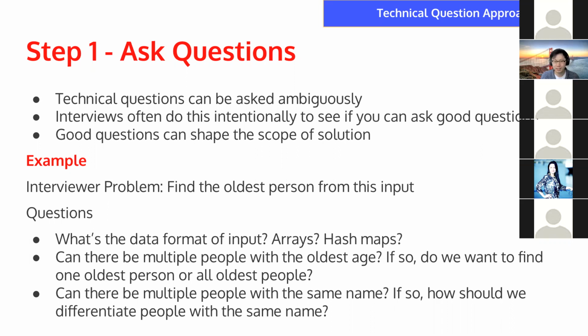Or they might ask you to take it into consideration and come up with your own way to distinguish those people with the same name. In which case you might want to start thinking about generating some kind of random key to keep track of multiple people with the same names.